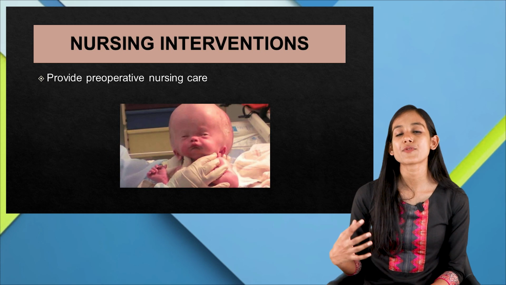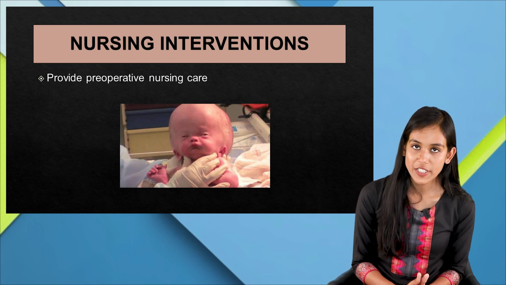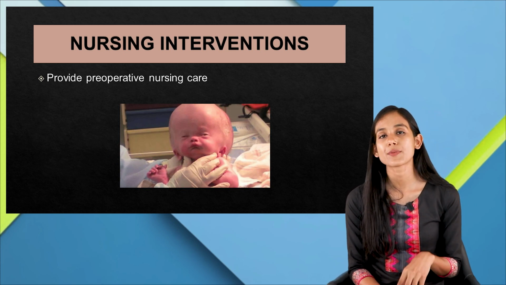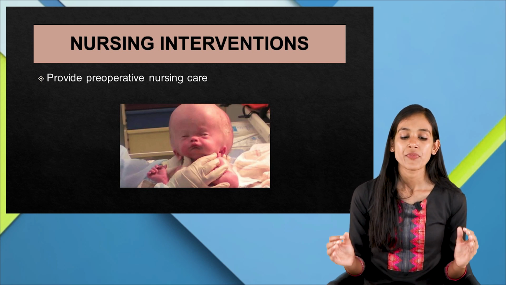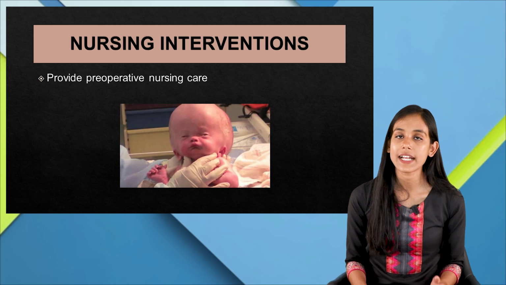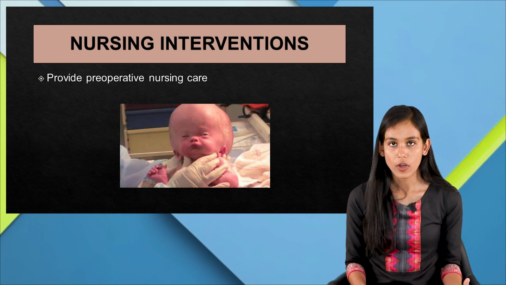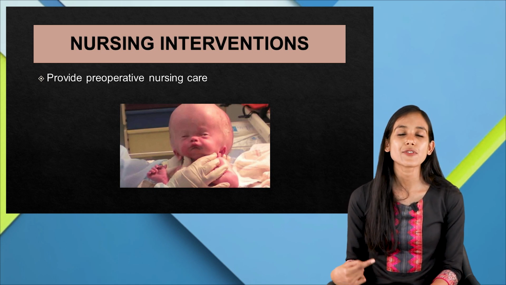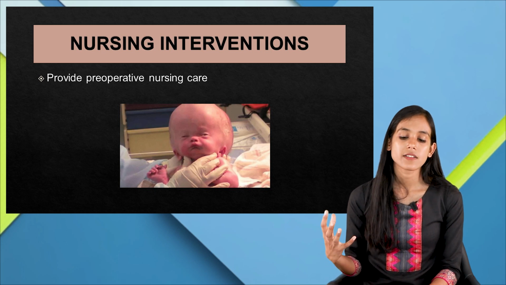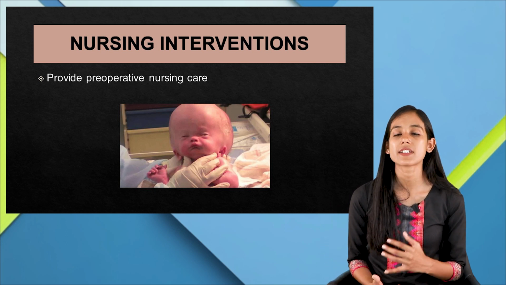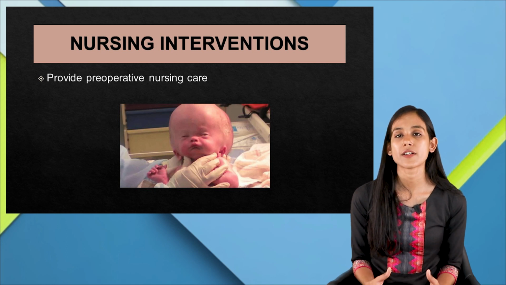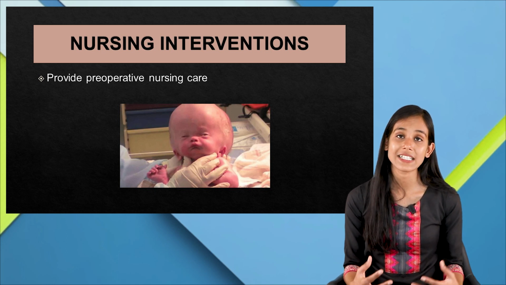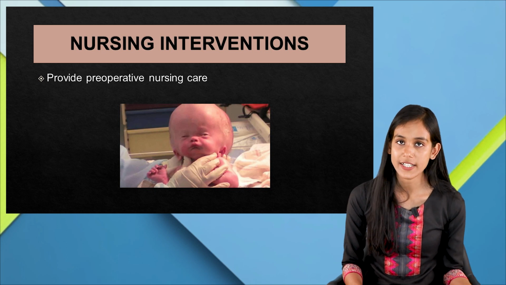And if the child is going for surgery, then you have to provide pre-operative care, and along with that you have to assess the head circumference, the fontanelles, the cranial sutures, and if there is loss of consciousness. Also, you have to check for irritability, altered feeding habits, and high-pitched cry. Mostly if the child has hydrocephalus, they would have a high-pitched cry.